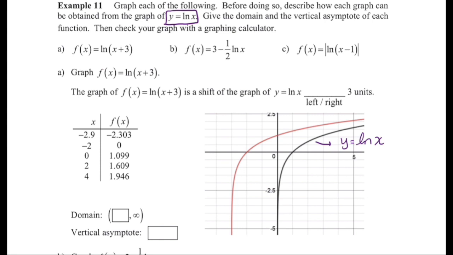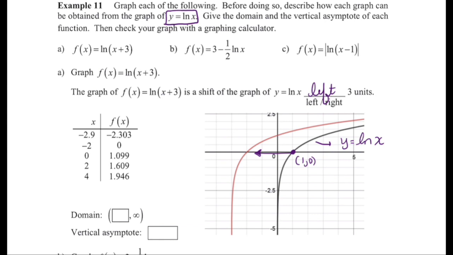Notice that x plus 3 is inside of our function. When we talked about transformations of functions back in unit 2, the same ideas and concepts travel with it. So if it's inside, it's the opposite of what we see. So we are going to translate this left 3 units. Notice our point (1, 0) has traveled left 3 units.